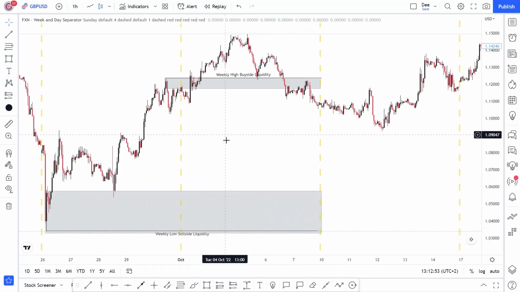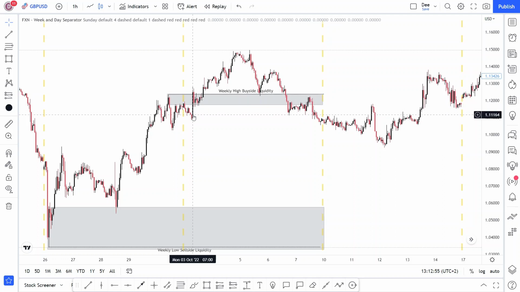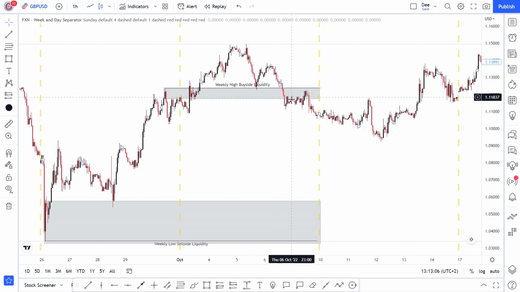Okay, so on Monday, what happens? The market trades through the weekly buy side liquidity. They grab the liquidity just above it, and then they come and test it as a resistance, and continue to the downside.